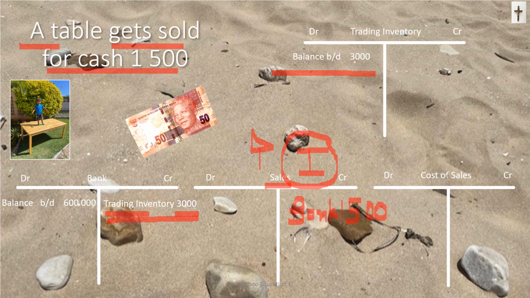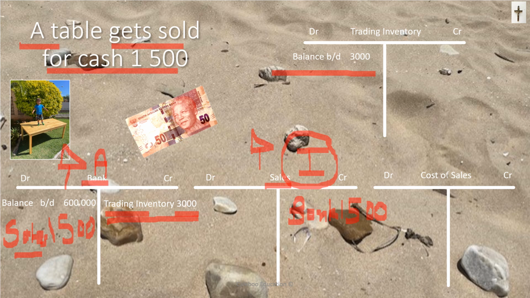So what happened to our bank balance? Our bank balance increased by 1,500, and the contra account was sales. That says sales. The account was debited because bank increased. The value of our bank balance increased. There was an increase in asset. Bank is an asset.